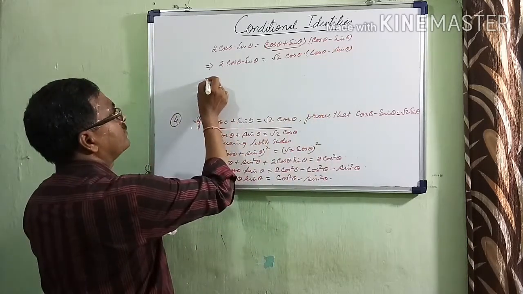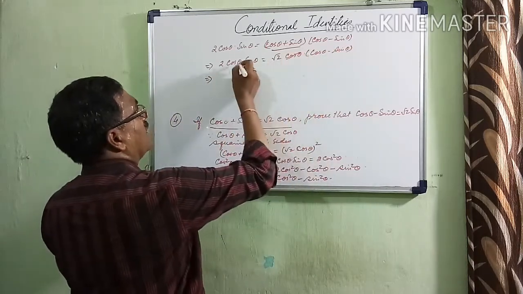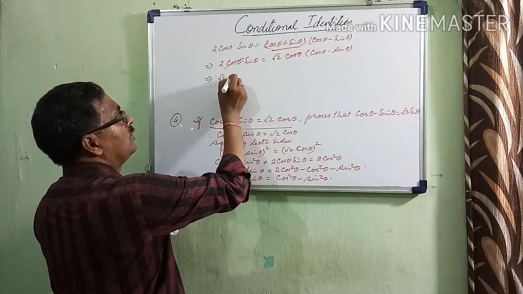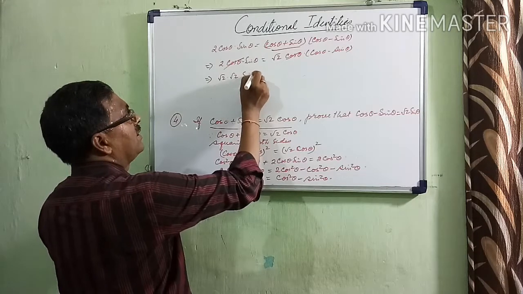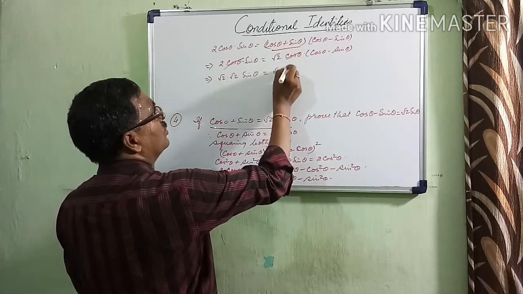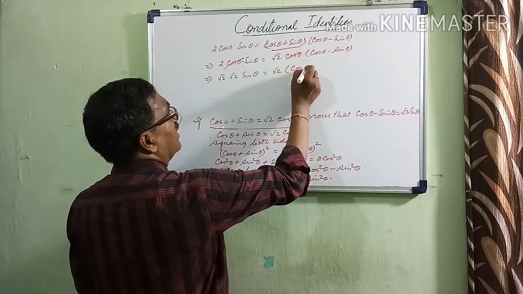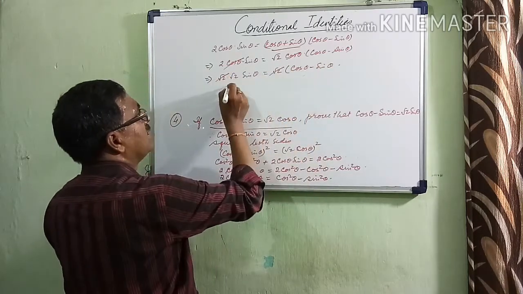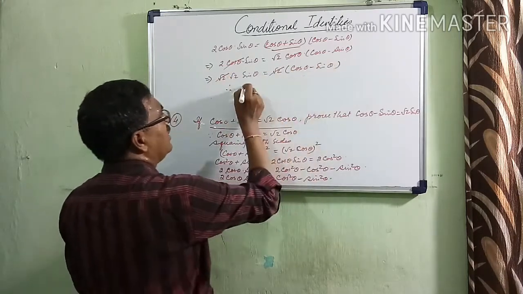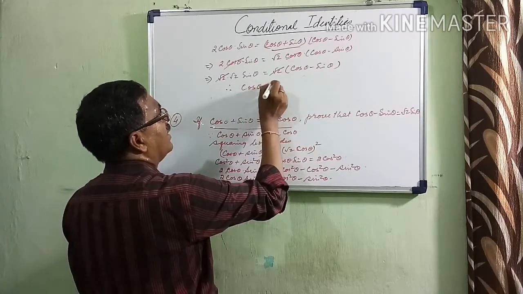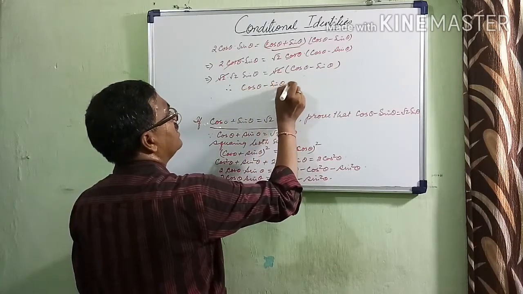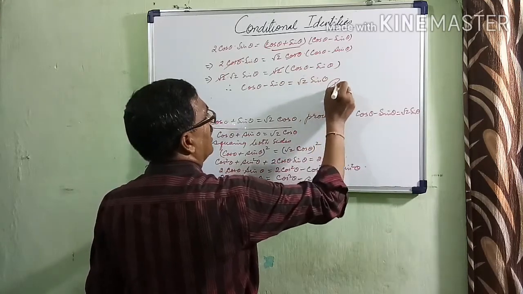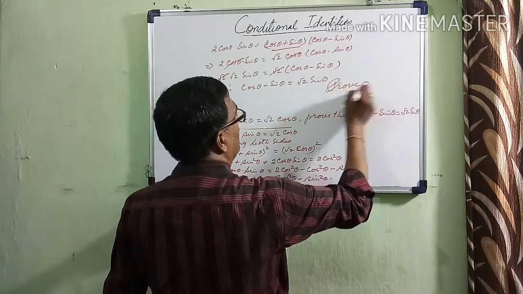And then this cos θ cancels. √2 can be written as √2 into √2 sin θ = √2 (cos θ − sin θ). One of the √2 cancels, therefore cos θ − sin θ = √2 sin θ, and that was to be proved.